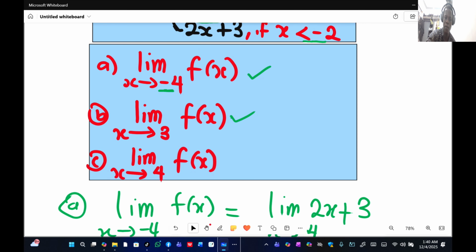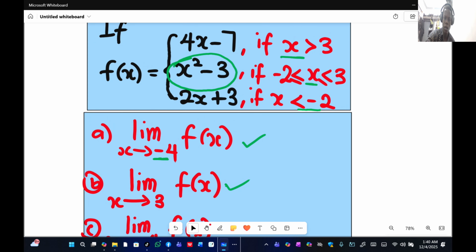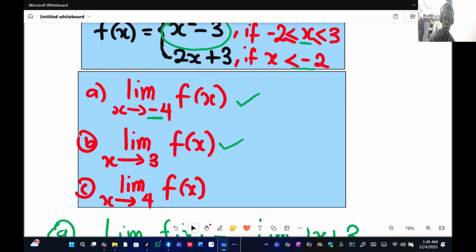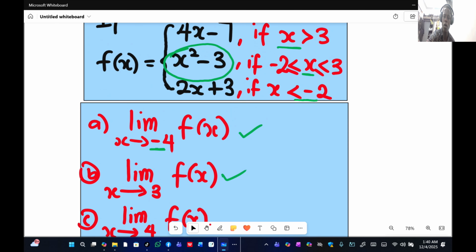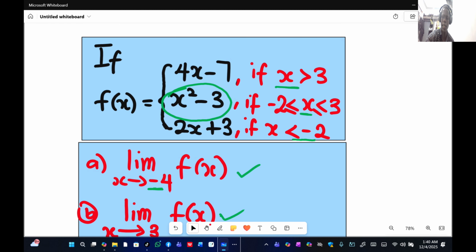Let us look at the last part of the question. We are to evaluate the function f as the input approaches 4. So let us look at the range of x values where we can get x to be equal to 4 or more than 4. The first part is that x is greater than 3, so we can get numbers more than 3.